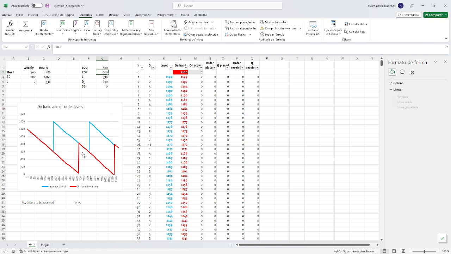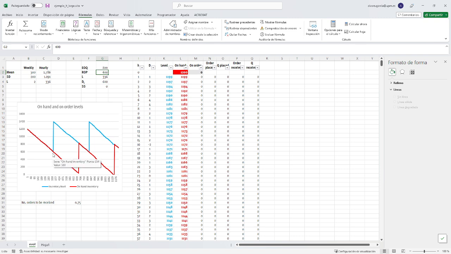I'm placing fewer orders, so I might be willing to have a larger ordering cost so that I have less inventory on hand, which represents a lower cost.